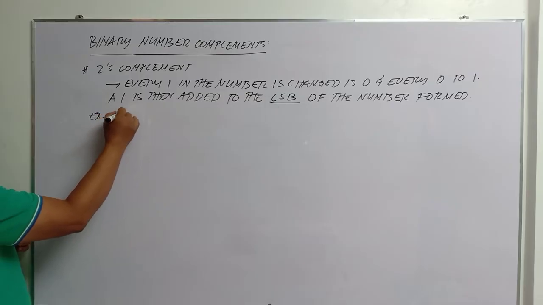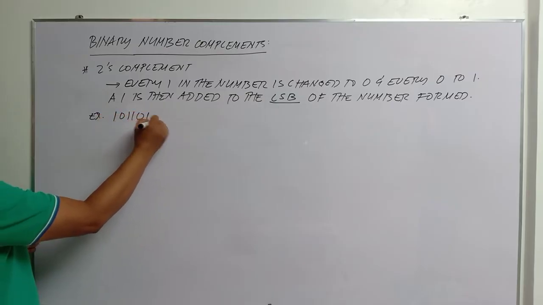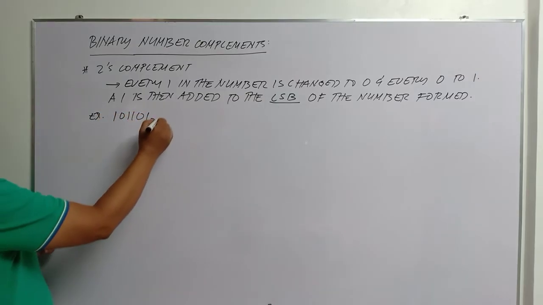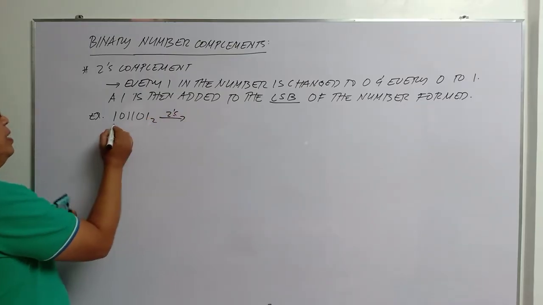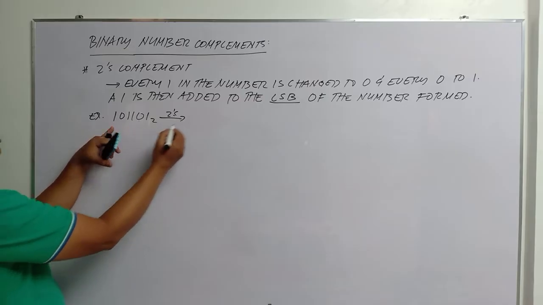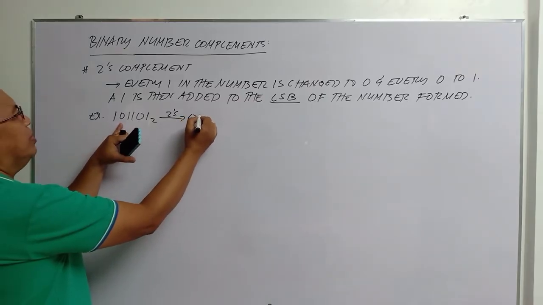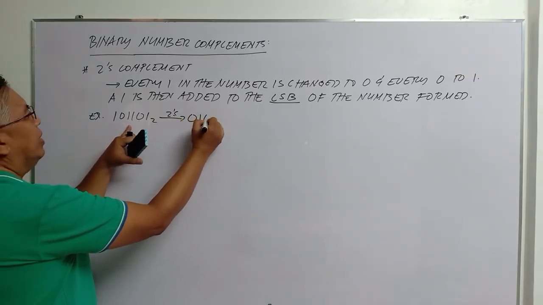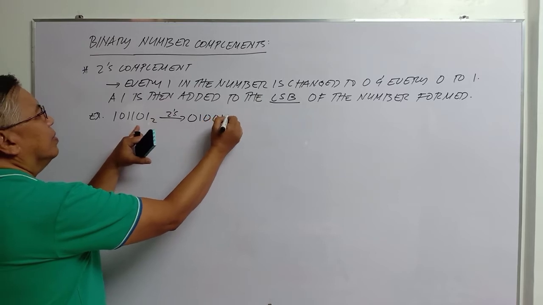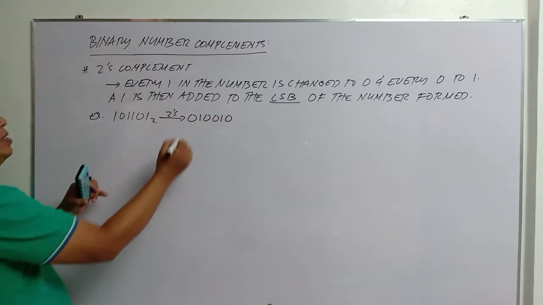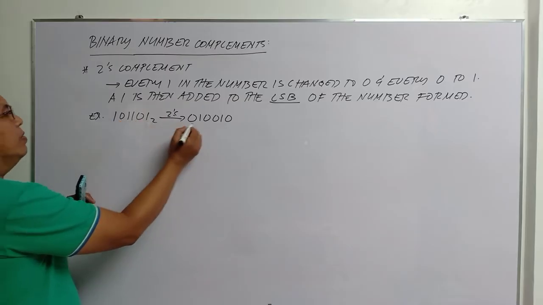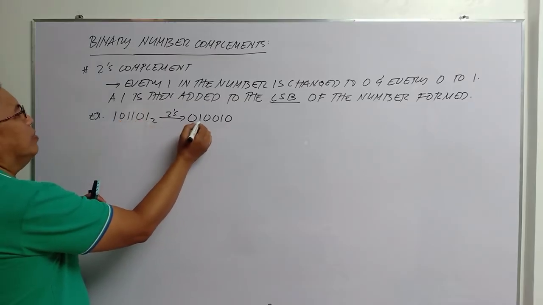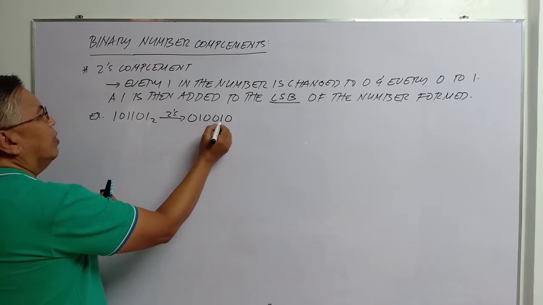we have 1, 0, 1, 1, 0, 1 of base 2. The 2's complement of this number will be, again, every 1 is changed to 0 and every 0 changed to 1. So 1, 0, 1, 1, 0, 1 will become 0, 1, 0, 0, 1, 0.